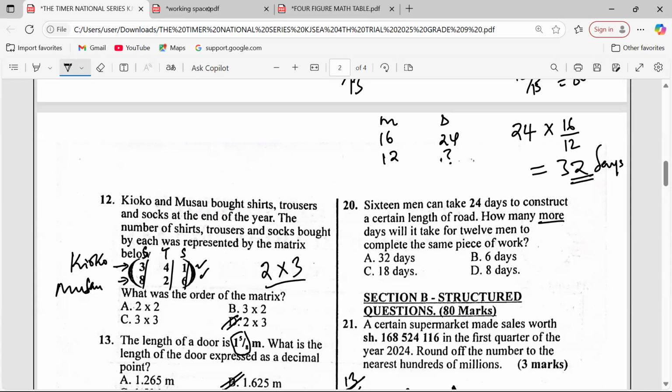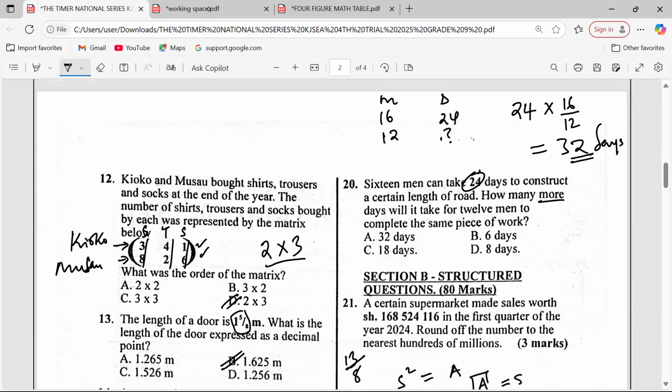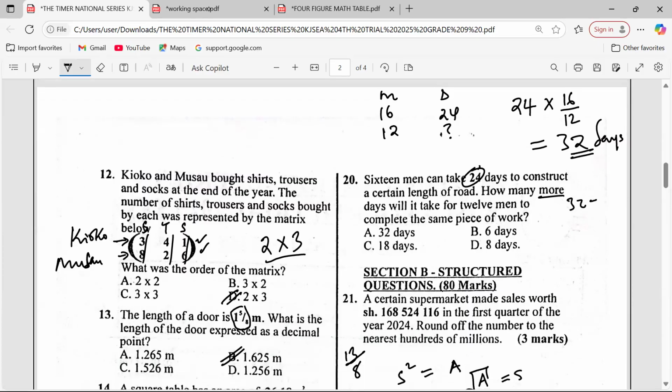The 16 were requiring 24, so if they are 12, they will require some more days. So how many more days means 32 minus initially the 24 days which were required. This is 32 minus 24, which is just 8. So 8 days. Yeah, 8 days.